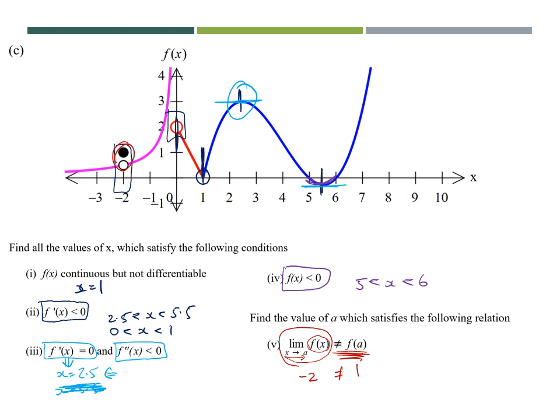Hold on, that doesn't make sense. A is -2. The limit as x approaches -2 of the function is like a half. The value of the function at -2 is 1. A half does not equal 1. Sorry, that's what I meant to say. Hopefully that makes sense.